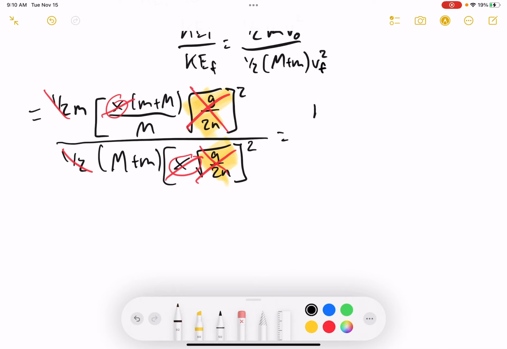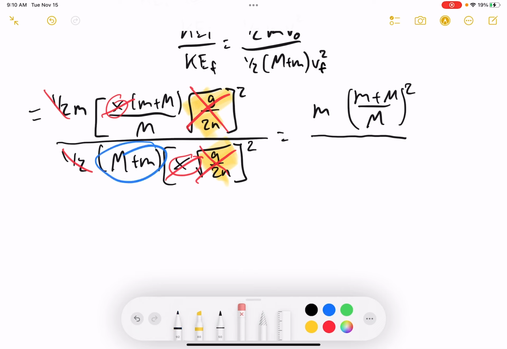So I have lowercase m, and then I have m plus M over uppercase M. This is all squared, and then it is divided by the only thing I have left on the bottom, this right here. Instead of dividing by that, I'm going to multiply by the reciprocal.